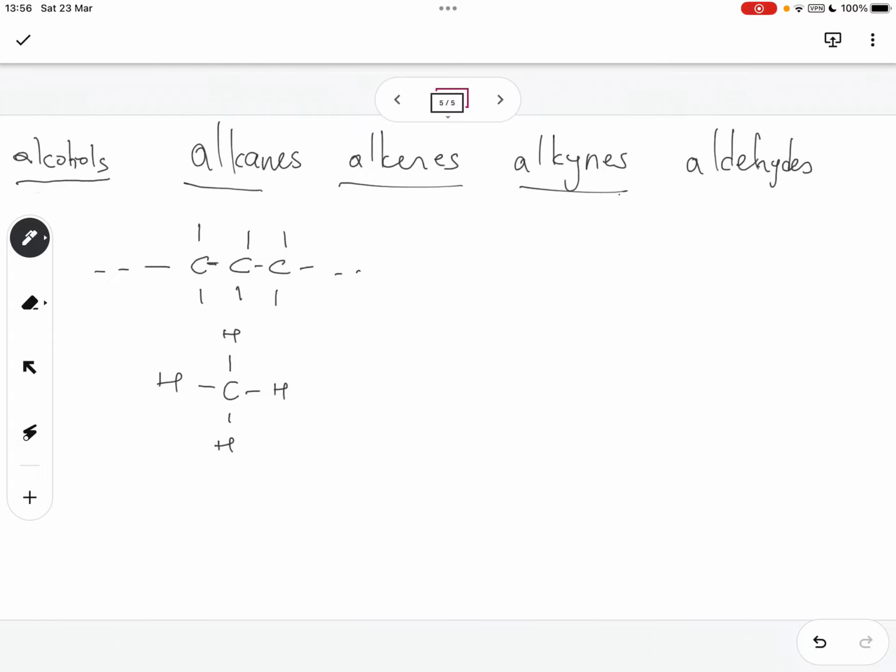Alkenes would have a double bond, so they would be carbon-carbon double bonded, and then instead of bonding with the hydrogens, the carbons bond with each other to create a double bond, and the hydrogens are freed up. But this one is quite reactive, so it's quite quick to move from being a double bonded hydrocarbon to being a single bonded hydrocarbon. We say it's reactive. And then alkynes have triple bonds.